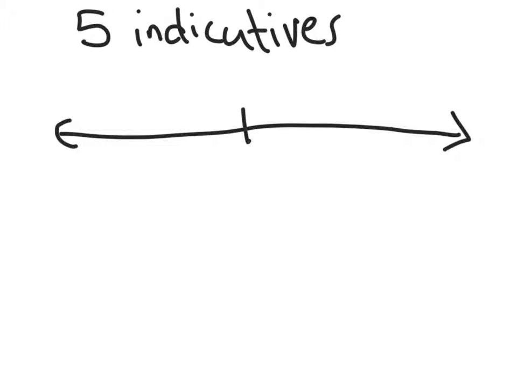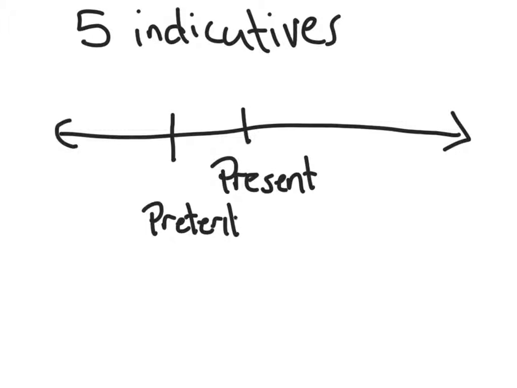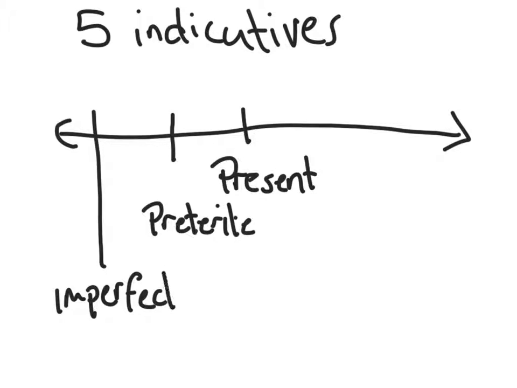Right in the center, we have the present tense. And from there, going backwards, you have the preterite tense, and you have the imperfect tense. I put the imperfect way back here because the imperfect tense kind of describes an ongoing action in the past.